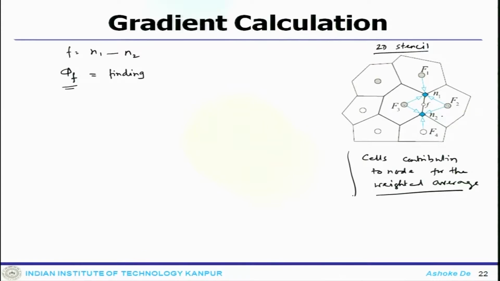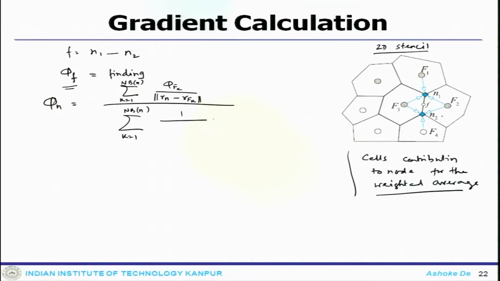So when you calculate phi n, it can be expressed as the summation over k equals 1 to NBN of phi Fk divided by |Rn minus Rfk|, and in the denominator, the summation over k equals 1 to NBN of 1 divided by |Rn minus Rfk|.